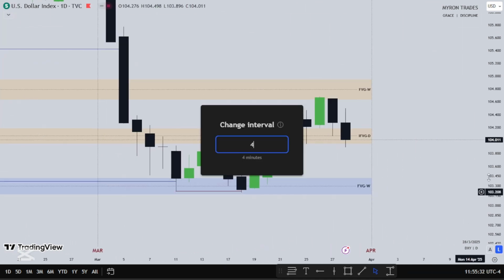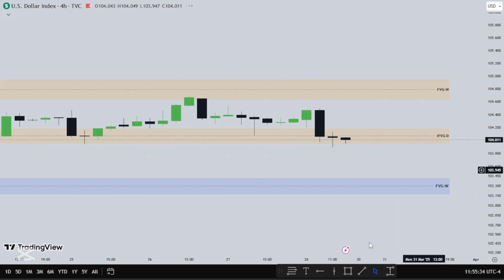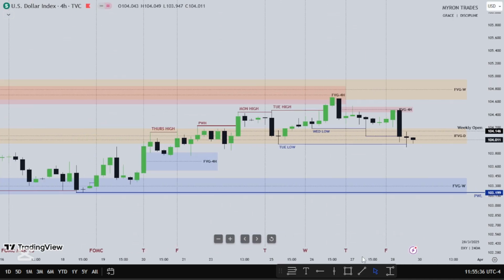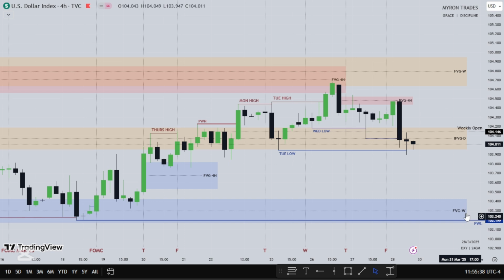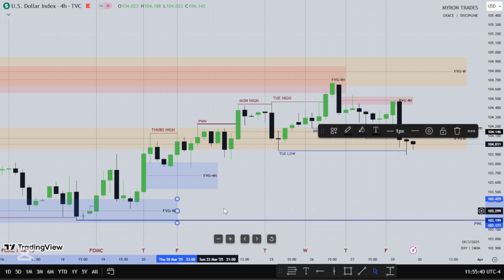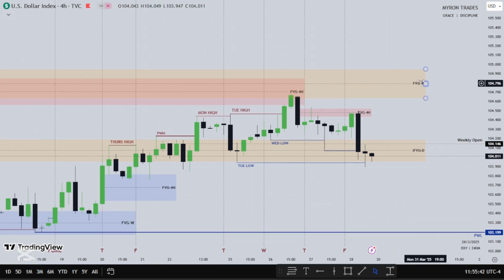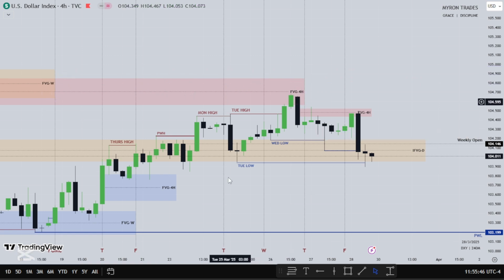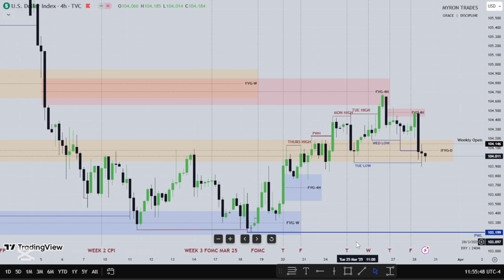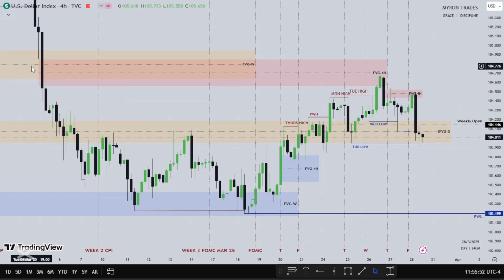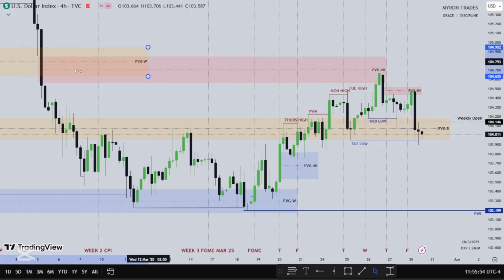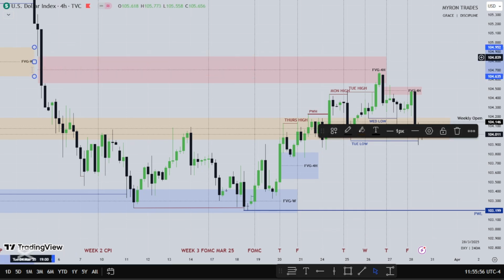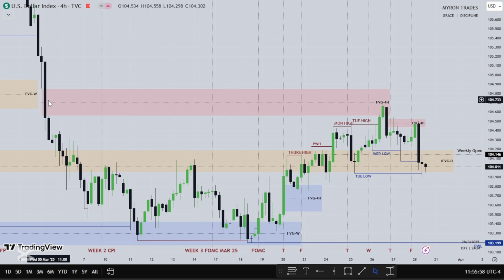So let's head down to the 4-hour time frame and see what price did. Let me take this off. Now this red rectangular box is a fair value gap from the 4-hour time frame. Remember this weekly fair value gap from the weekly time frame.